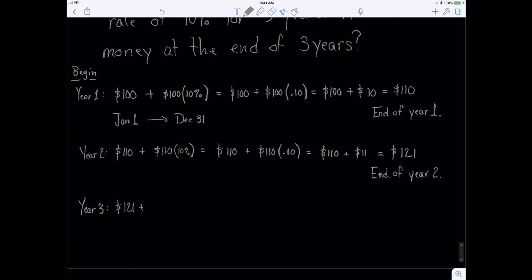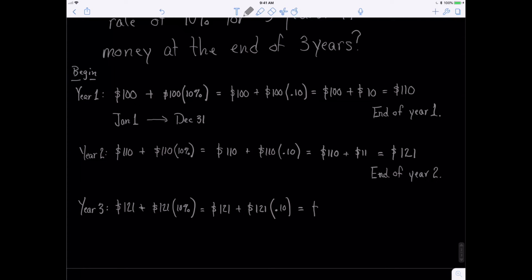$121. And we're going to leave the money in the account for the entire year, again, all the way through till December 31st. And on that last day of the year, you're going to be paid 10% of the amount that's in the account. Well, that's now $121. So you're going to end your total account balance with $121 plus 10%, so times 0.10, of the 121.